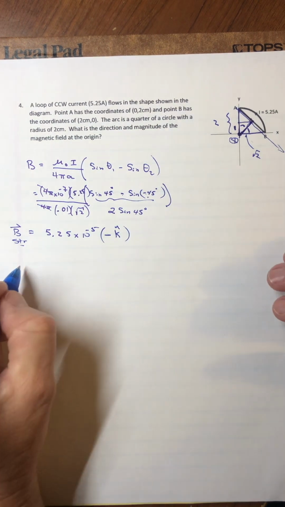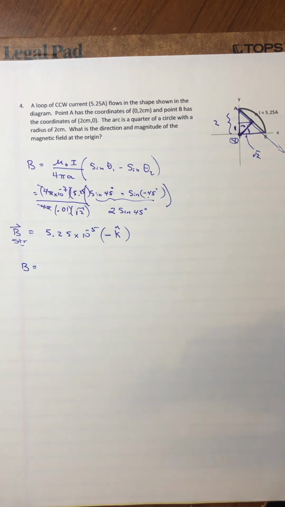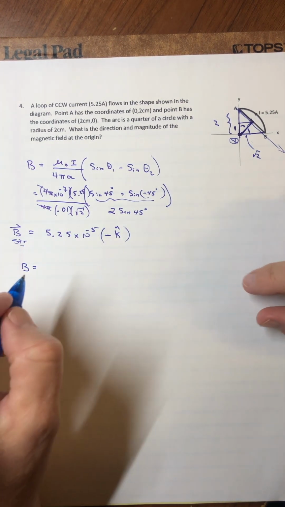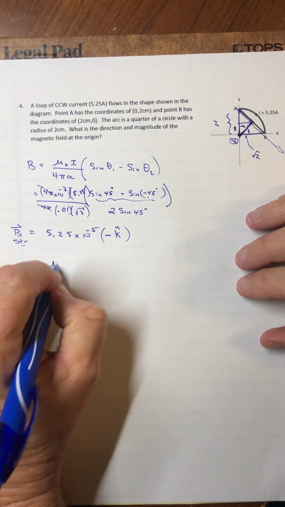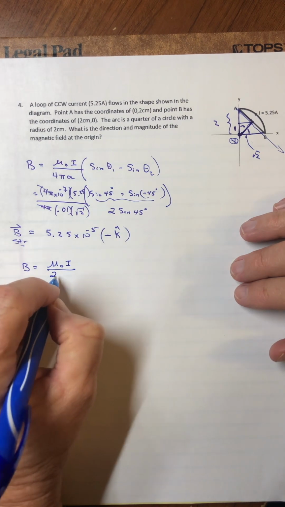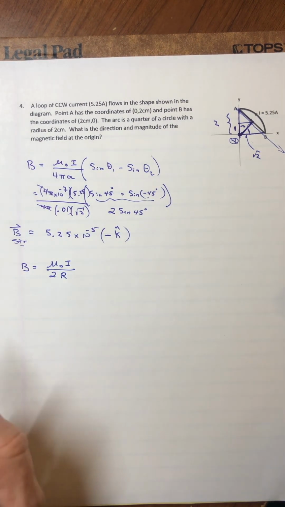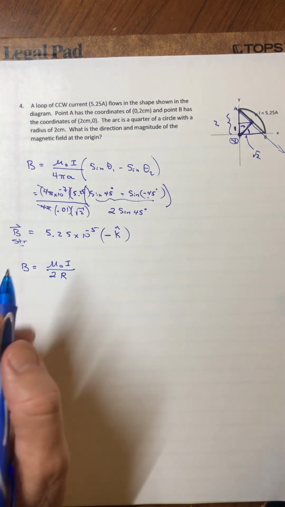Now, the other thing we were working with was circles, loops, and we had the equation for a full circle that looked like this, where r is the radius of this circle.